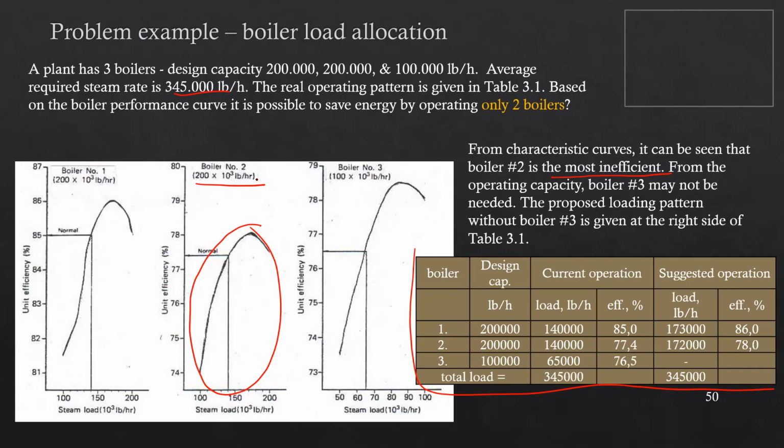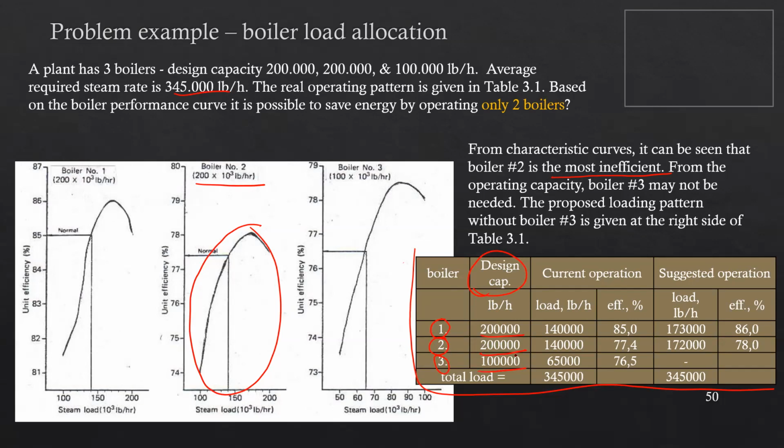Also, from the operating capacity, boiler 3 may not be needed. The proposed loading pattern without boiler 3 is given in this table. We have the design capacity for each boiler: boilers 1, 2, 3 with design capacities of 200,000, 200,000, and 100,000.